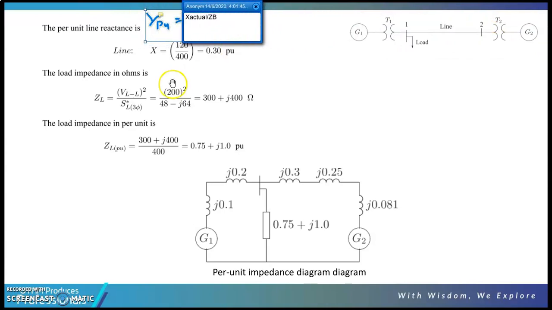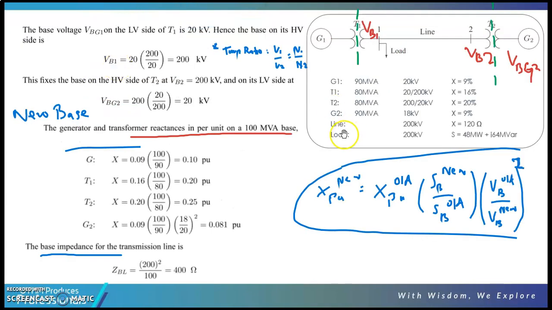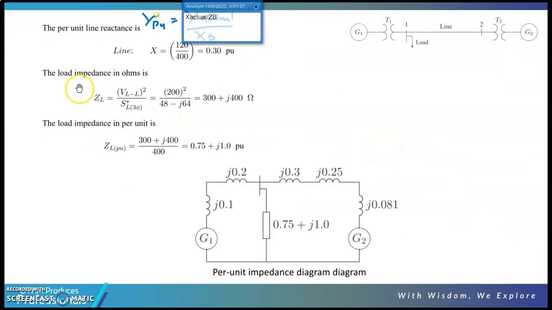All right. So for the load, now you have a load. What is the information that you have for the load? For the load, you have S and voltage. Then you can determine the load impedance in ohms. ZL equal to V line to line squared over S conjugate.